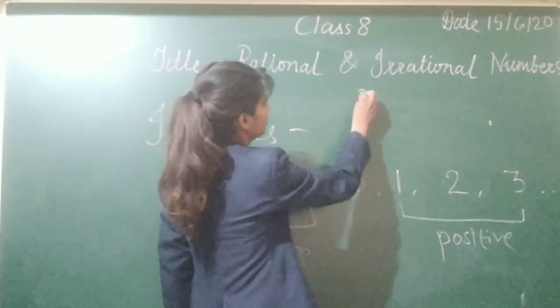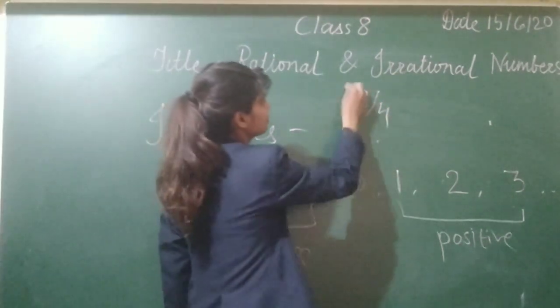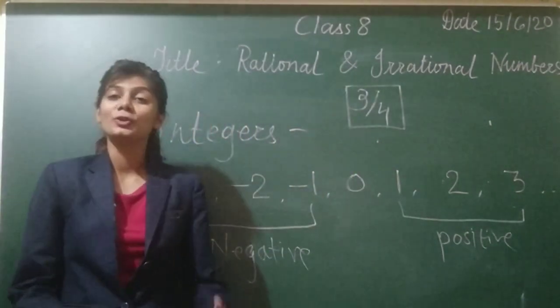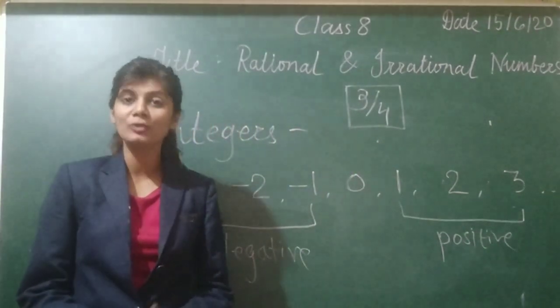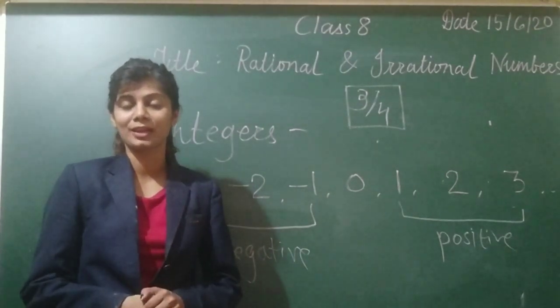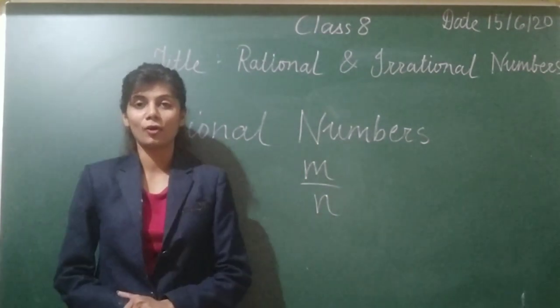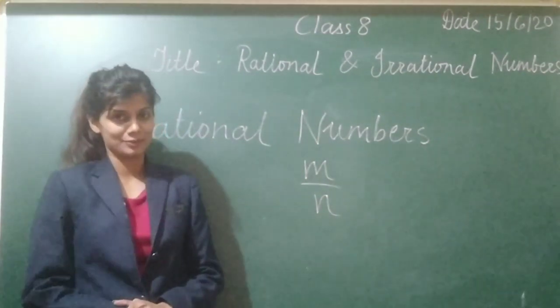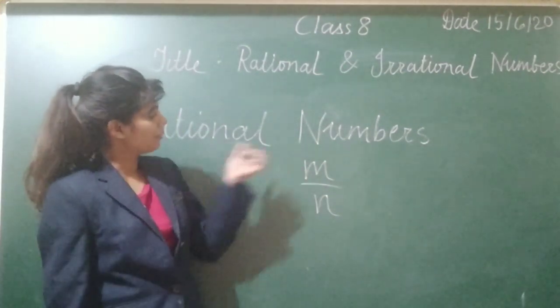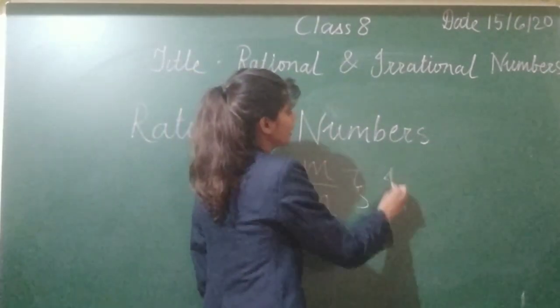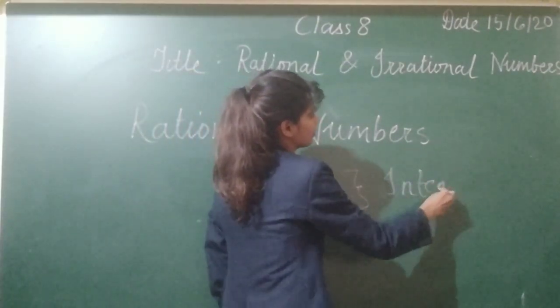And now, what about the number we had seen? What was that? 3/4. What about this number? So today we are going to learn about rational numbers. The numbers in the form of m by n are called rational numbers. Now this m and n can both be integers.